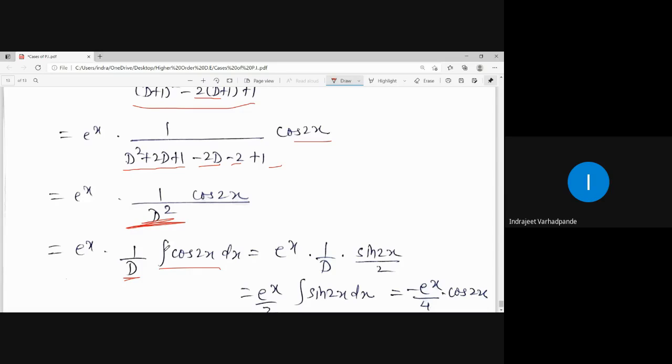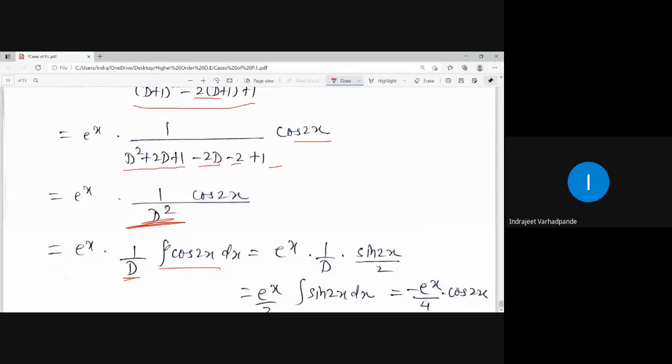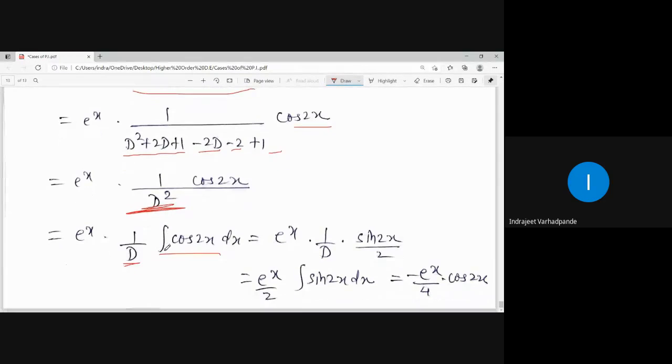Clear? Now take that 2 outside. Again, we have to integrate once. What is integration of sine? Minus cos. Minus cos 2x upon 2. But 2 into 2 will become 4. So we have written the answer as minus e to the power x by 4 into cos 2x.